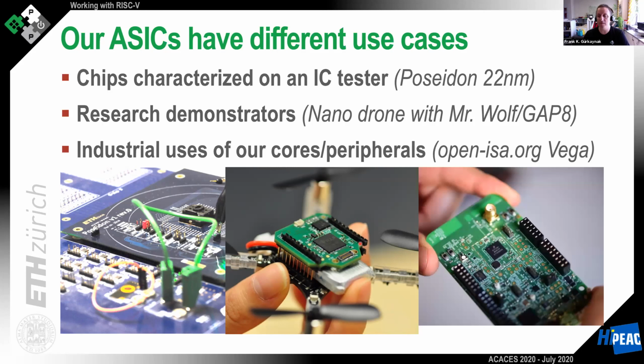And what also happens is, this was a very nice surprise for us. The chip that you see here is actually manufactured by NXP, under the OpenISA.org name. The board is called Vega. It's a development board where they actually, independently from us, downloaded the core from our open source repositories. So there's a RISC-V core and a zero RISC-V core inside.